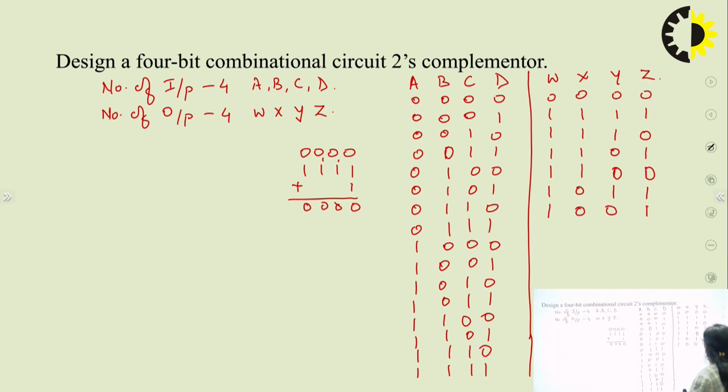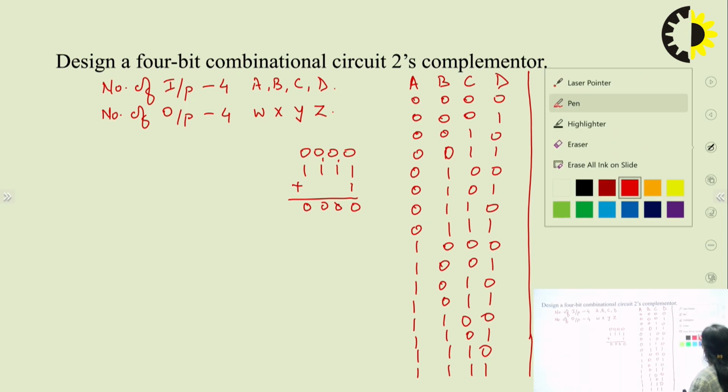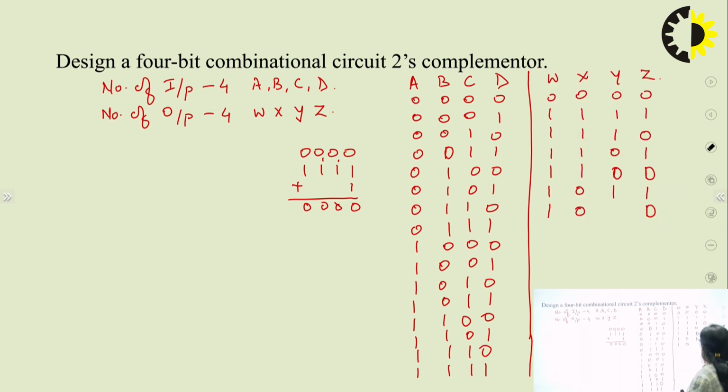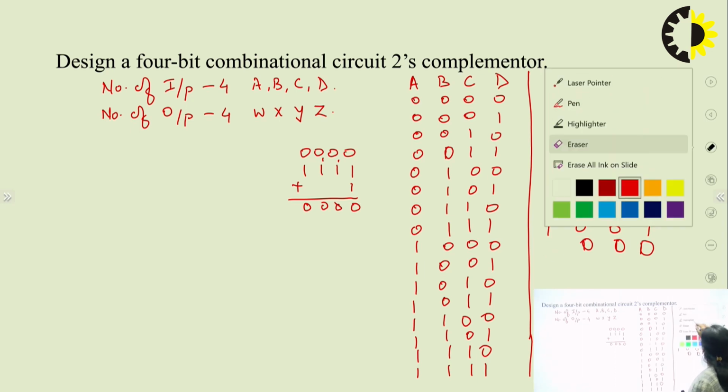Now here if we add 1 to 0, 1, it will become 1, 0, 0, 0 and 1. Here it becomes 0111, and then we add 1, it becomes 1000.